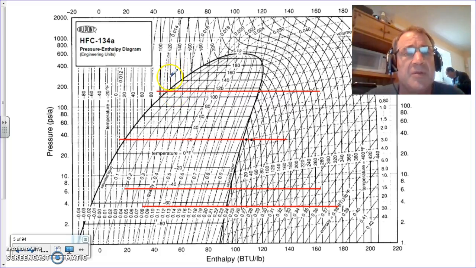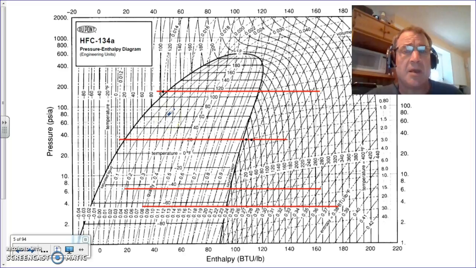So that would mean that our liquid line would be running at a temperature of about 105 degrees. Here's the 100-degree line, so 105 degrees would be right about here.